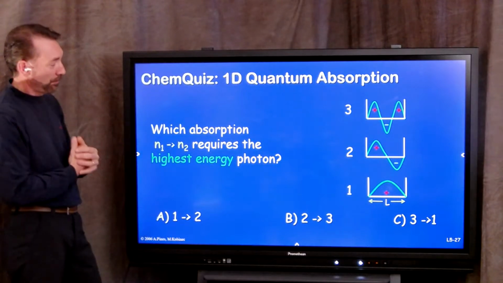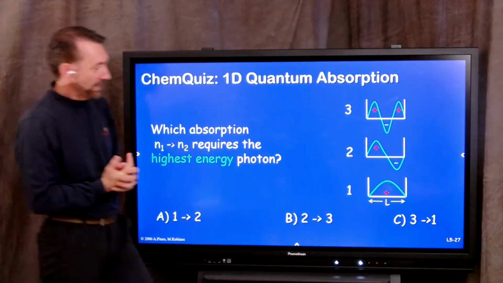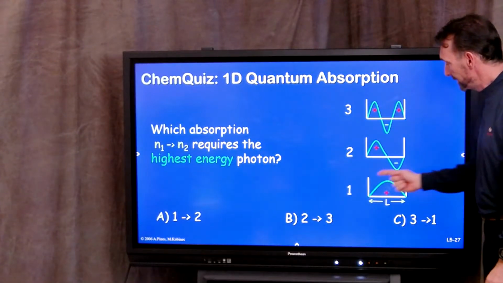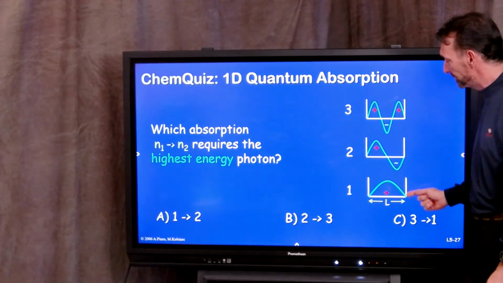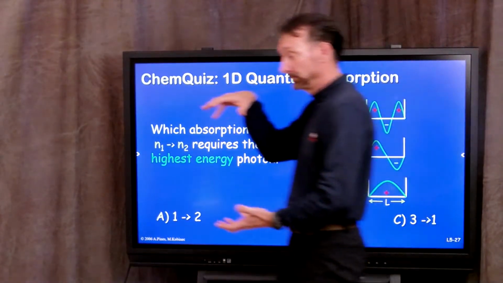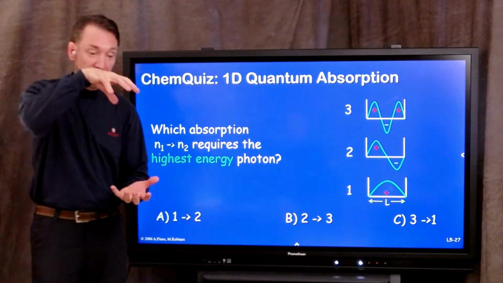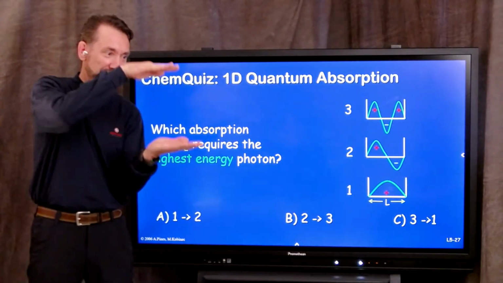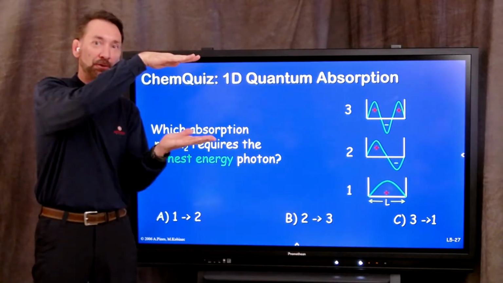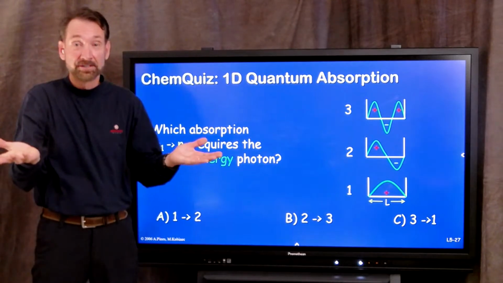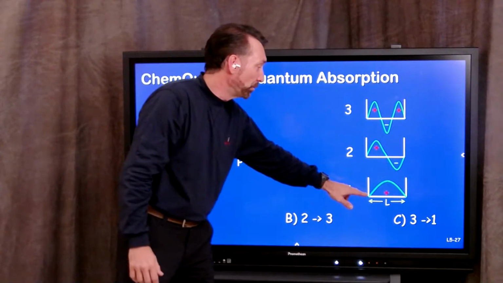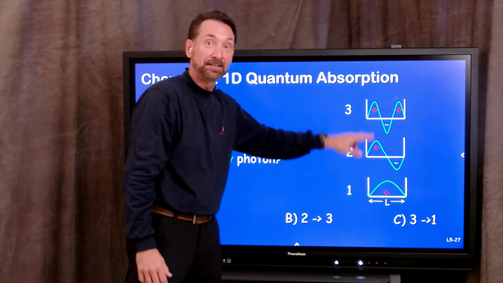So this now is going to be, I hope, pretty straightforward. If I have to go from one quantum level, one standing wave, to another standing wave, I have to absorb energy somehow. But not any old energy. I have to get the exact energy to go from state 1 to state 2. Absorbing other energies doesn't help, because those would correspond to a state that's not allowed.